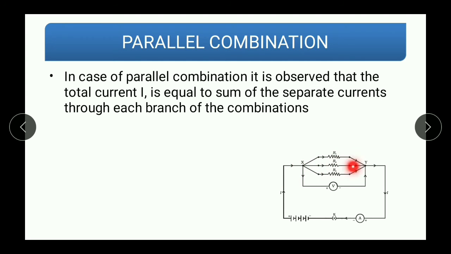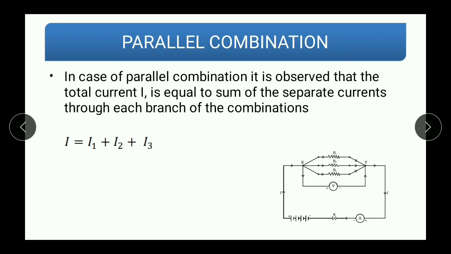Depending upon the tributaries, the quantity of water flowing through those tributaries will be different. Similarly, depending upon the resistors, the amount of current flowing through them will be different. So that's why total current is equal to the sum of all the currents flowing through these 3 resistors.